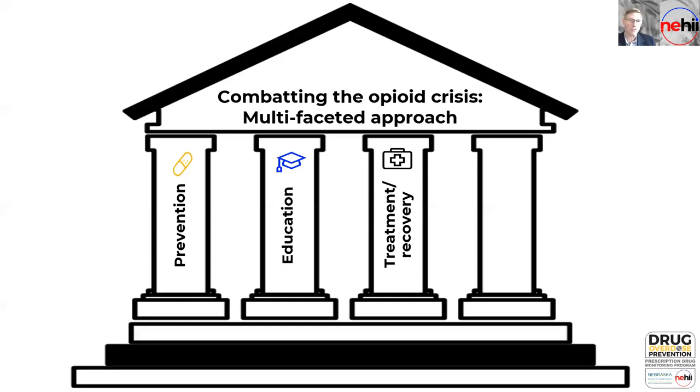This drug has been around for quite some time, and it antagonizes or blocks the effects of opioids. So if a patient is overdosed and still alive, maybe shallow breathing, maybe unconscious, giving naloxone to these patients can help bring them back around on a temporary basis until emergency medical services can be contacted and arrive.